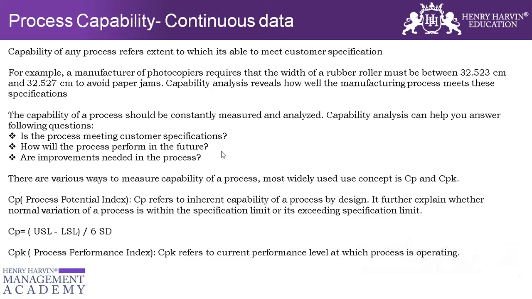Can you see the screen? Yes. Okay, let me explain this formula first, and then I'll talk about the three conditions. CP is USL minus LSL upon 6 standard deviation, which means what my process is currently capable of performing. We talked about normal distribution.